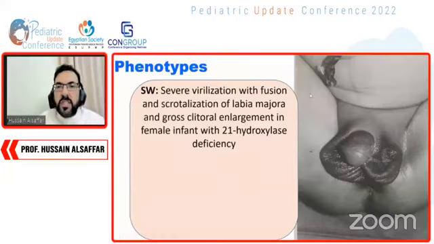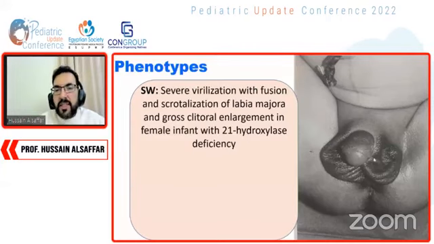Now, as we mentioned earlier, briefly, about the types of CAH. The salt-wasting type is the severe form, which usually presents with severe virilization, with fusion and scrotalization of the labia majora if it's a female patient, and gross clitoral enlargement.